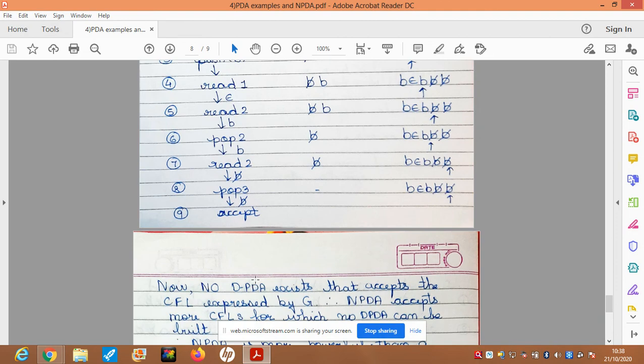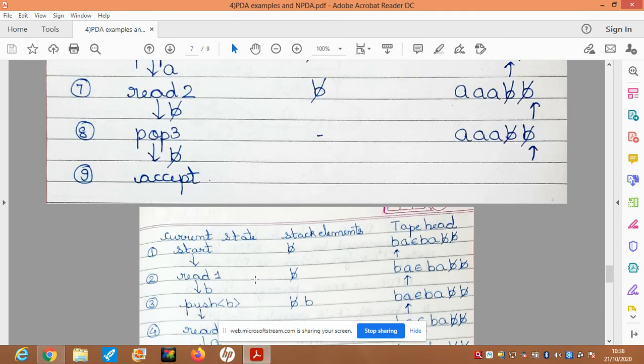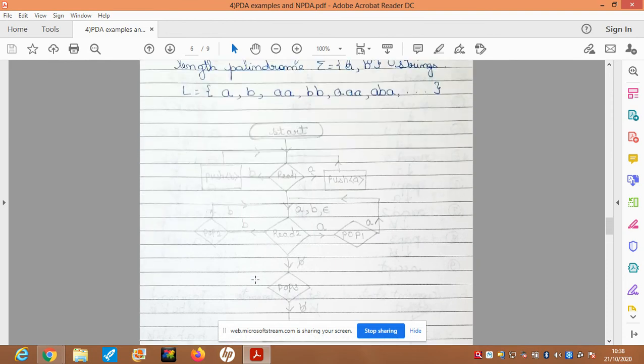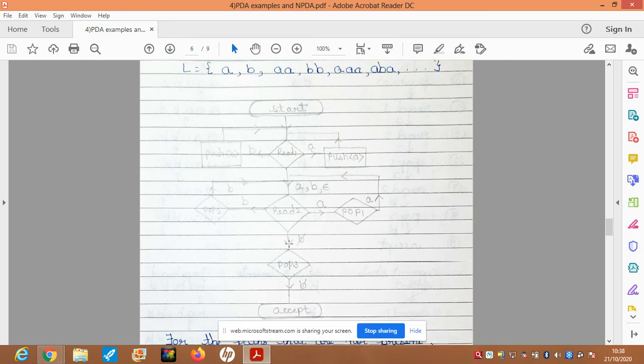Okay, now this is the non-deterministic pushdown automata for a palindrome string, either an even length or odd length string. Now what we have to remember is that a non-deterministic pushdown automata is greater in power than a deterministic pushdown automata, simply because the number of problems that a non-deterministic pushdown automata can solve is greater than the number of problems that can be solved by a deterministic one.